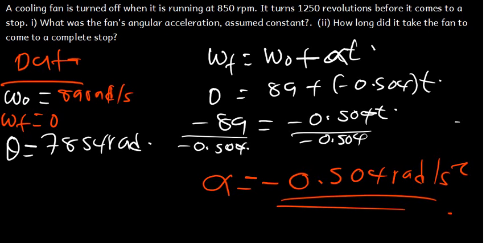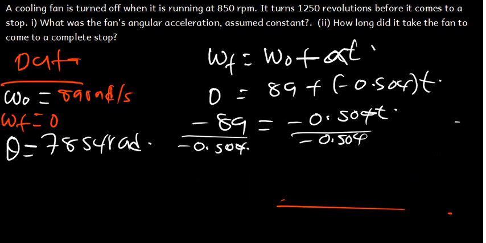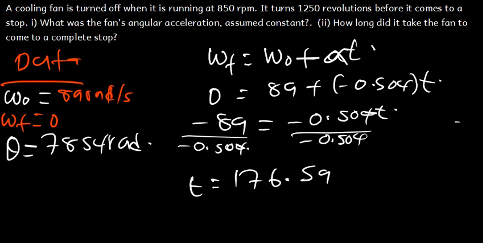The negatives cancel, so our time is 89 divided by 0.504. I'm getting 176.59 seconds.